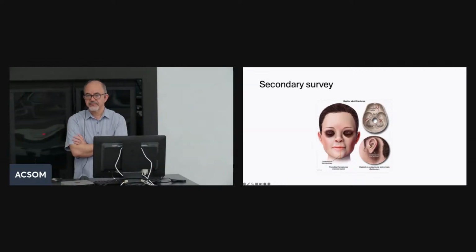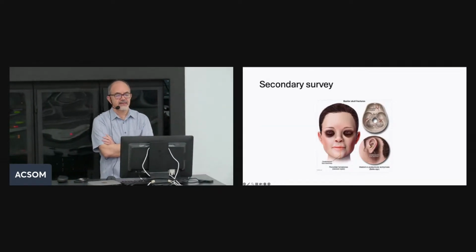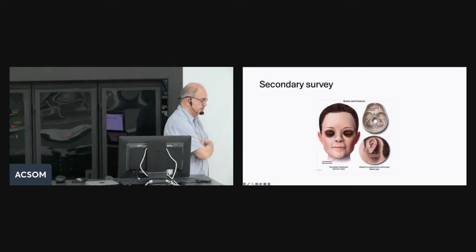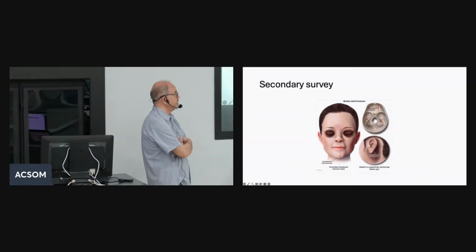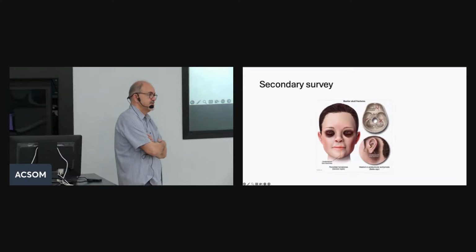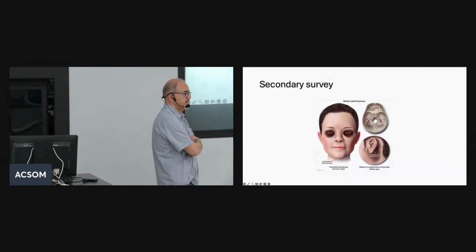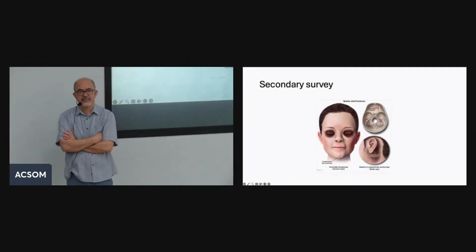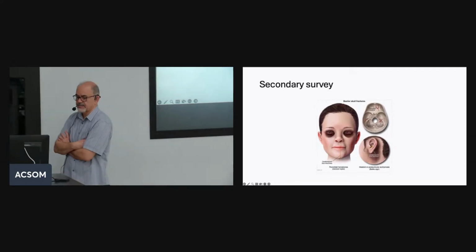That means that there's most likely brain injury. So you have two signs that you look for in your secondary survey: raccoon eyes and hemotympanum, either blood behind the tympanic membrane or bleeding from the ear. Both of these mean the skull base is broken, and that's usually associated with some serious brain injury.